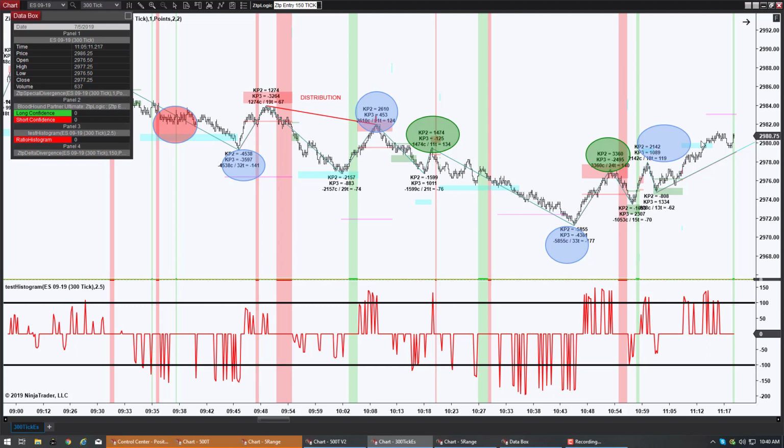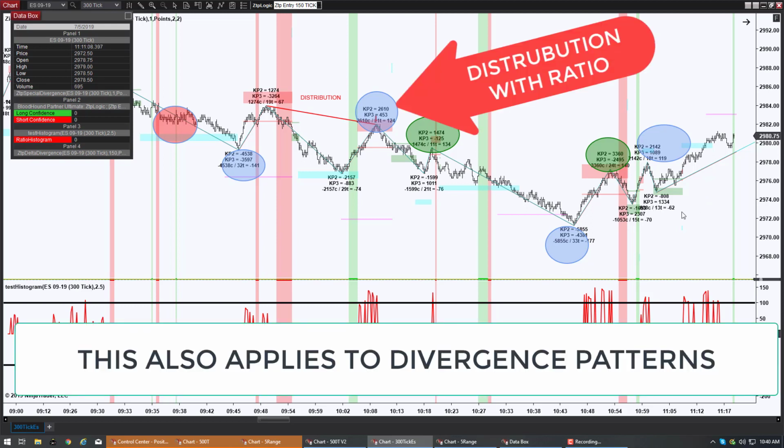One thing I'd like to point out while I'm on these trades is that I noticed the trades immediately following a strong trend where a good ratio number was put in, such as occurring right here.